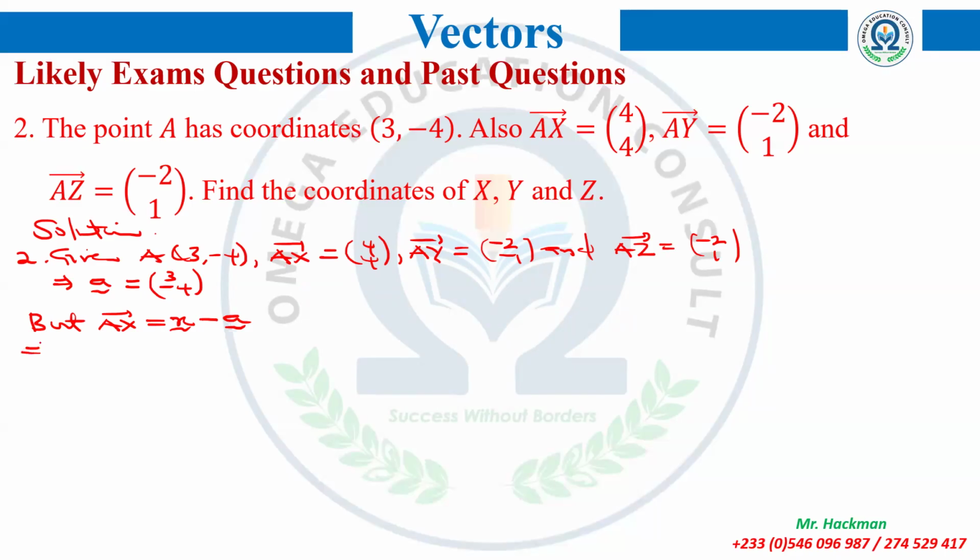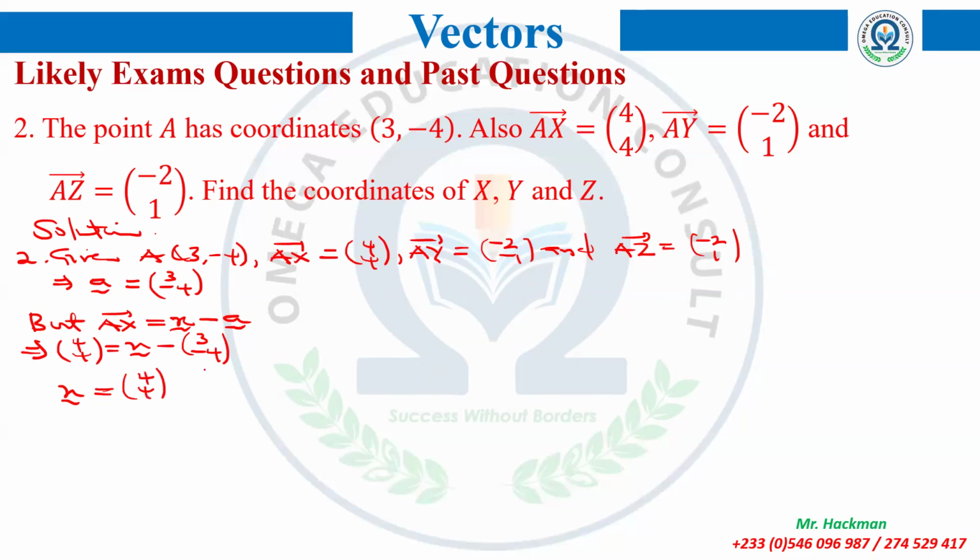So this implies AX, which is what you are looking for, is x tilde minus your A tilde, and you know that one as well. So 3 minus 4. In this case, you are going to get your x tilde, the position vector of x, to be equal to 4, 4.